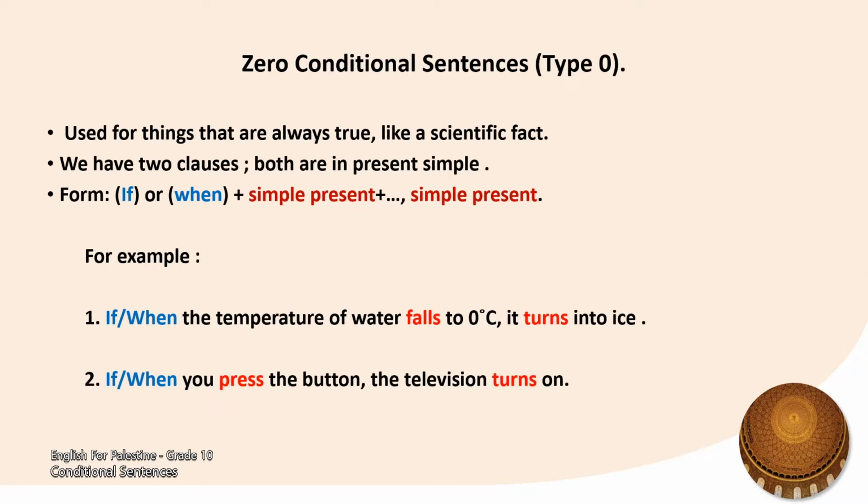The form of the 0 conditional type is if or when plus present simple. The other clause also is present simple. For example, if or when the temperature of water falls to 0 Celsius, it turns into ice.